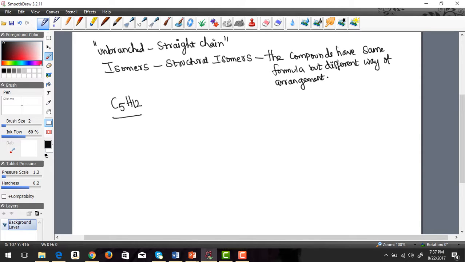I purposefully did not do it earlier, because we've already established the open unbranched straight chain for C5H12. Go ahead and write the condensed version, then continue watching to see if you got it right.